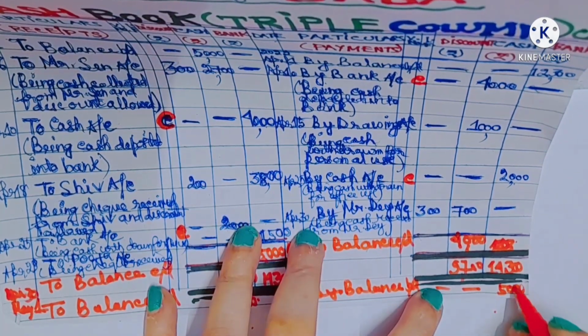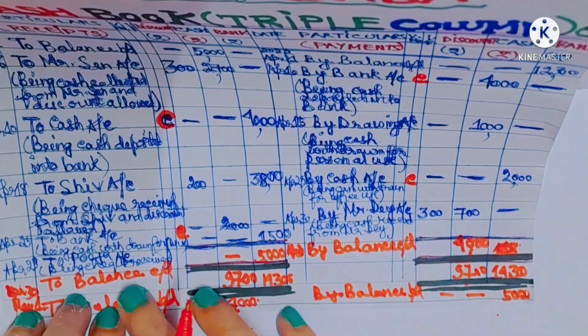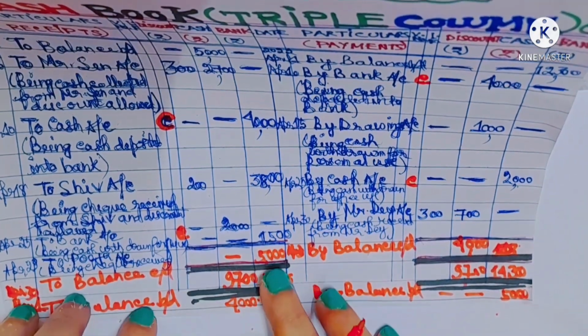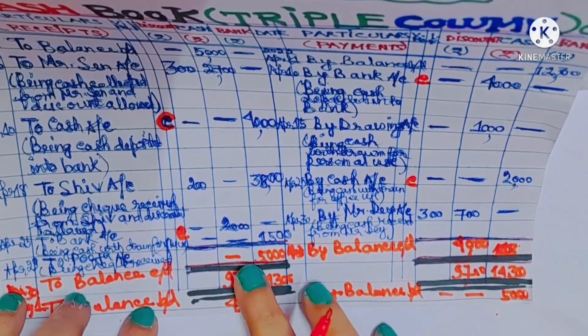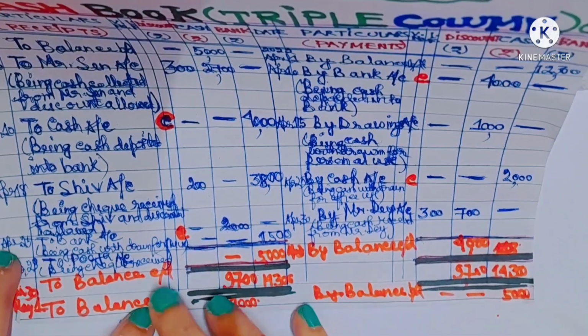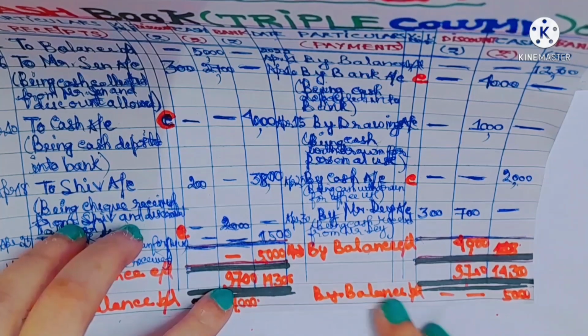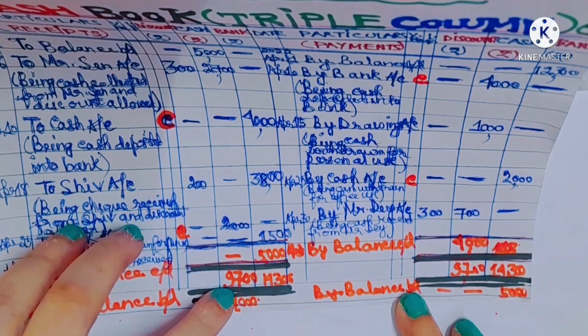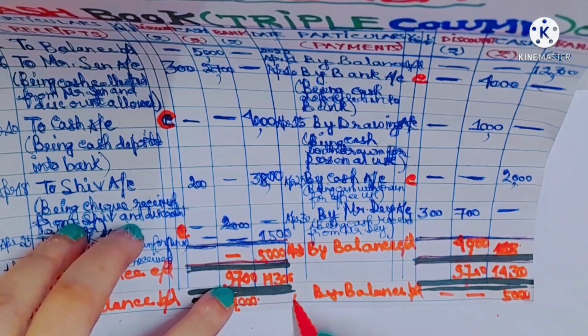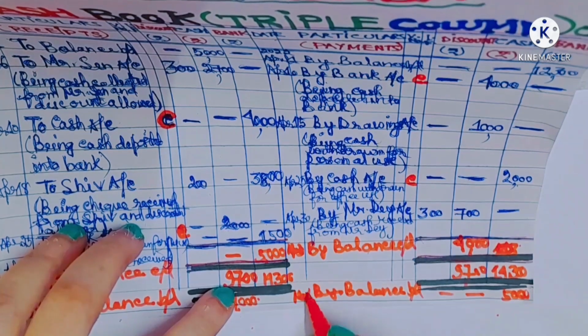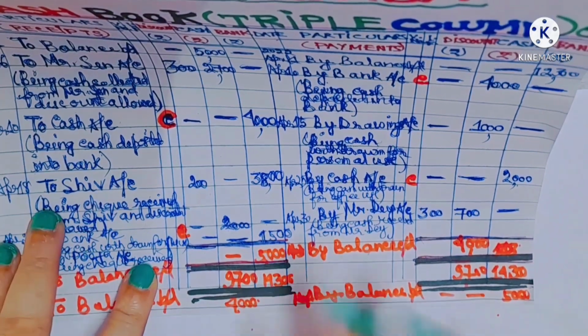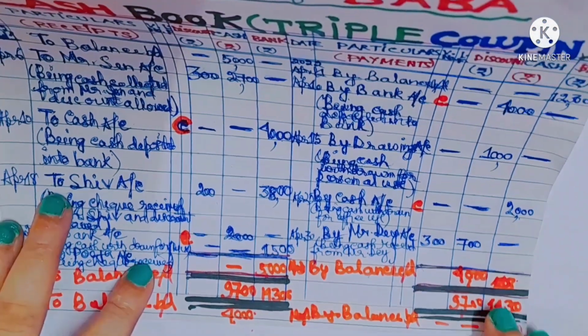So this is to balance CD. 5,000 is the closing cash at bank for the month of April, and this 5,000 will become the opening cash at bank for the month of May or for the next period. This is a bank overdraft.